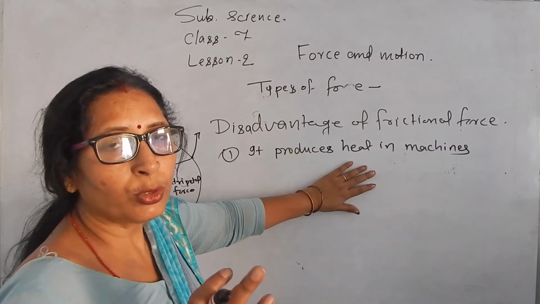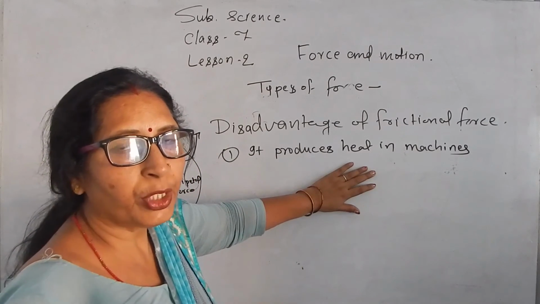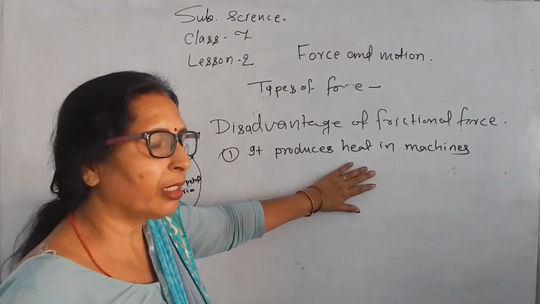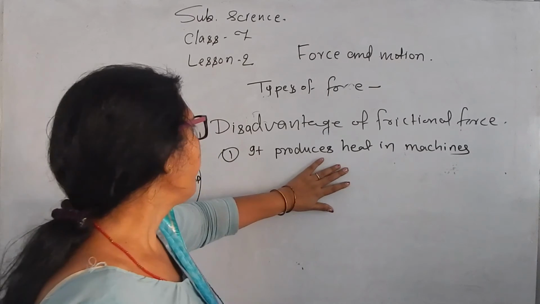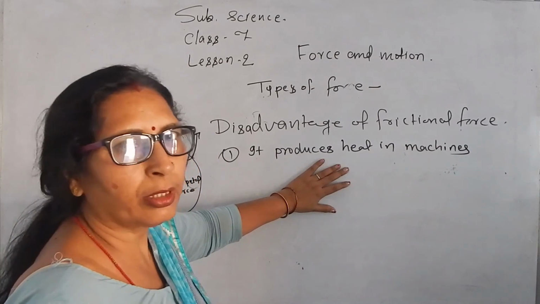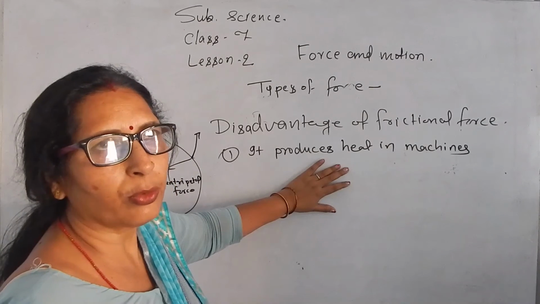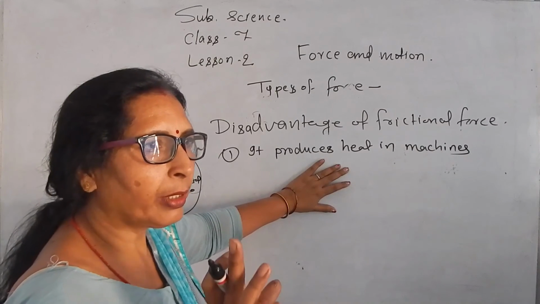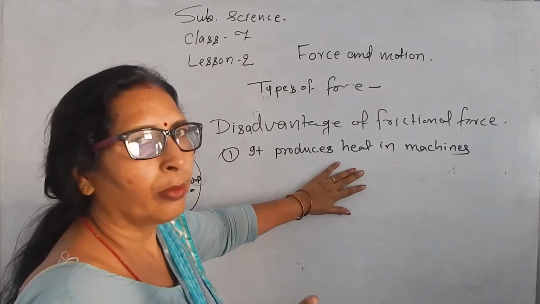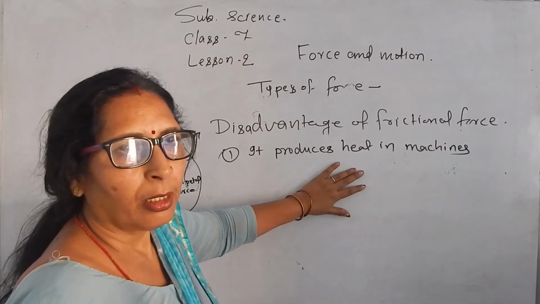It also decreases the speed of the body, the speed of the machine, the speed of vehicles. Due to friction we do different kinds of work using machines, but according to the energy supplied we do not get the efficiency.